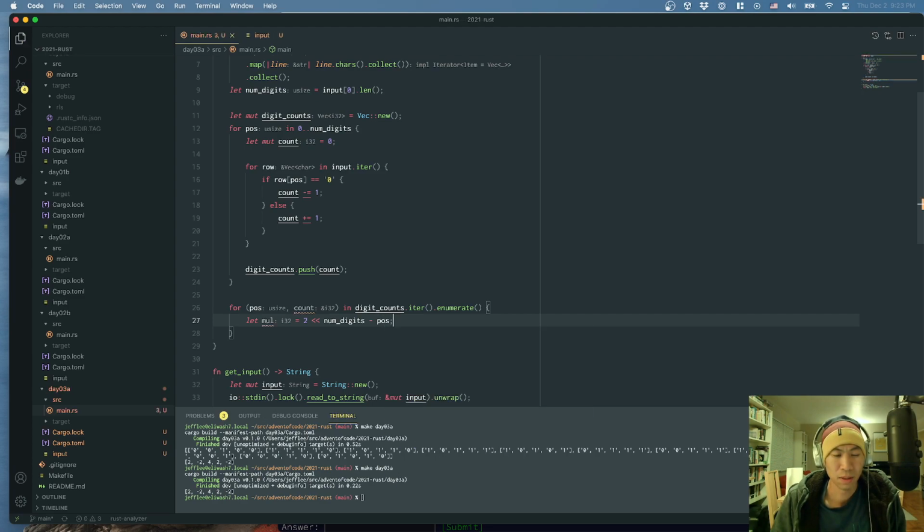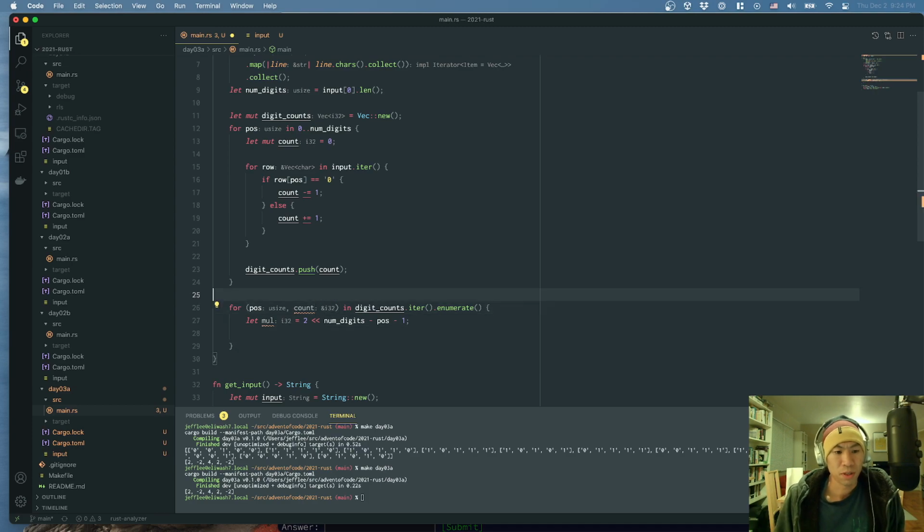Are we off by 1? If num digits was 1, the position is 0, but the multiplier should be 1 and not 2. So I think we need to subtract 1 from here. That's the multiplier.